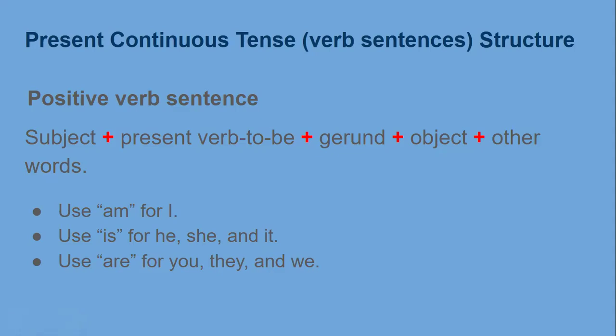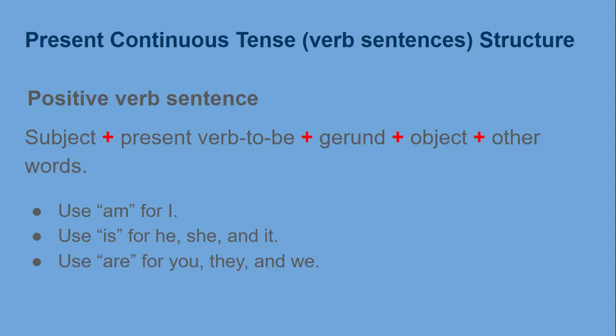Where we use these verbs to be. Excellent. Now remember, we need the verbs to be here. Why? Because we are using a gerund, meaning a verb that ends with ing. But it's still a verb. It's just that it ends with ing. So that's why we say these sentences are verb sentences. Why? Because they have real, actual verbs. Okay?